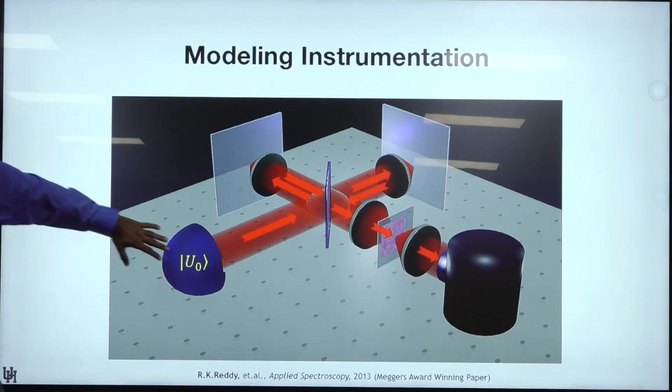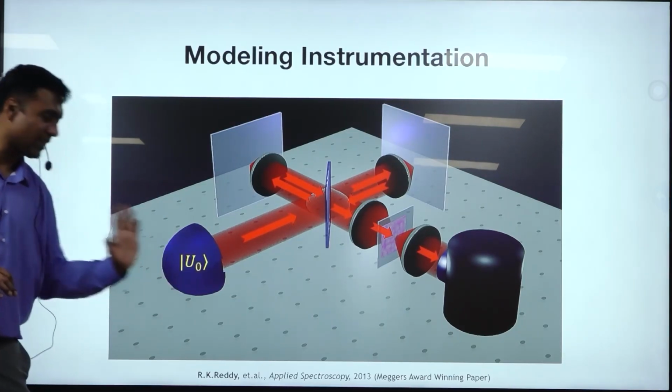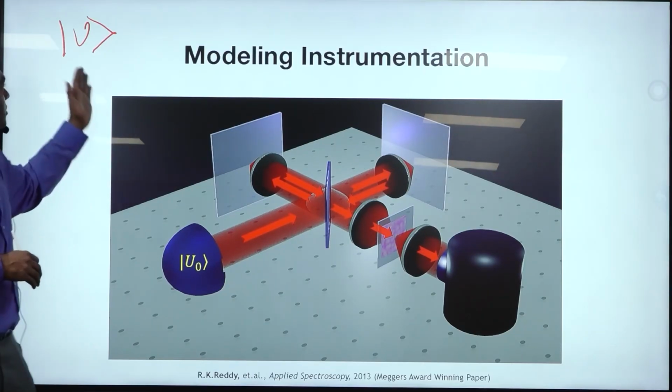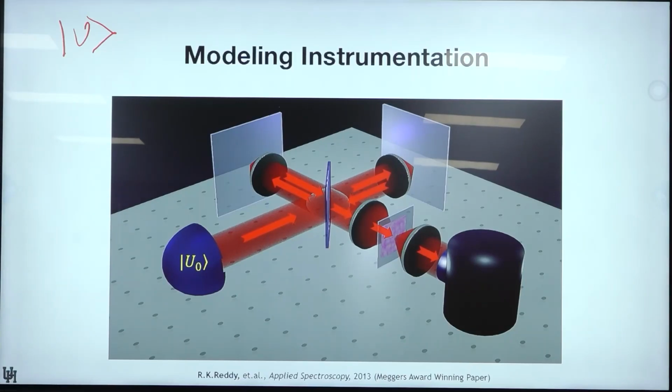So let's start with a field here. I use a kind of strange notation where you have a line like this, a variable, and a triangular bracket of this sort. This is called the bracket notation, or bra-ket notation.